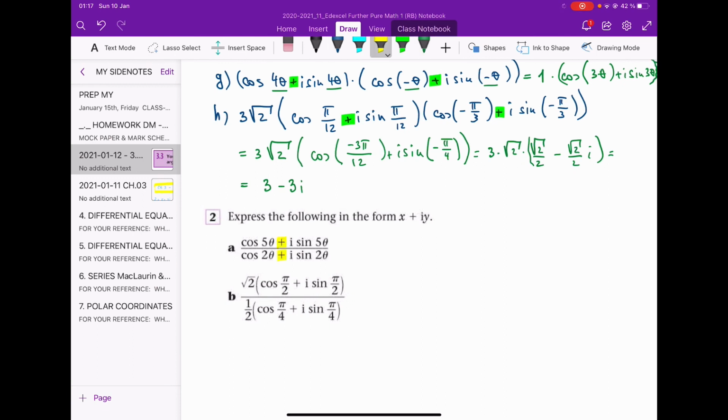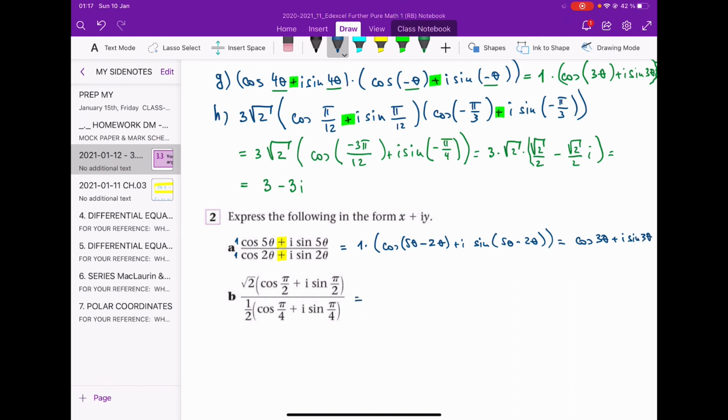There must be a plus here, and in case there is a minus, you need to do the same thing as we have done there. So in here, the modulus is 1. So 1 times cosine 5 theta minus 2 theta plus I sine the same story. So it would be cosine 3 theta plus I sine 3 theta.